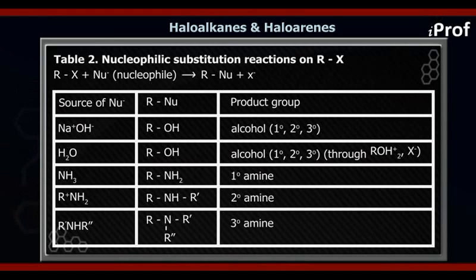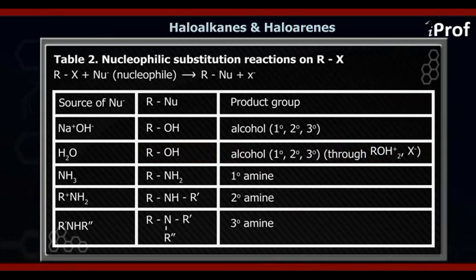Now we will be having three things. One is the source of nucleophile, second is the nucleophile, then the product. If suppose the source of nucleophile is H2O, then nucleophile will be OH minus, product formed will be ROH.